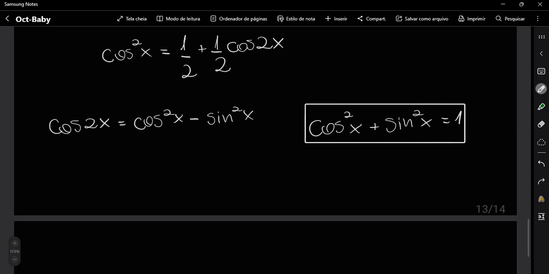Okay, from here, let's isolate sine square of x.